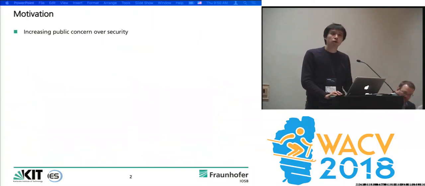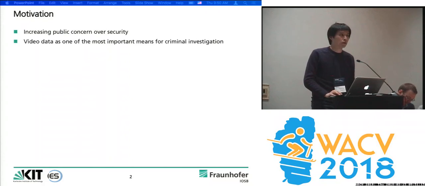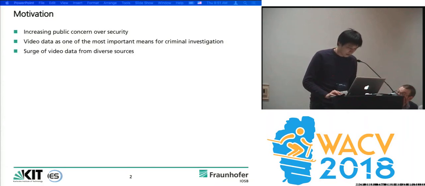First is the motivation for the development, because in recent years public security has been a major concern among the public, and video data is one of the most important means for doing criminal investigation. Nowadays we have a lot of video data.